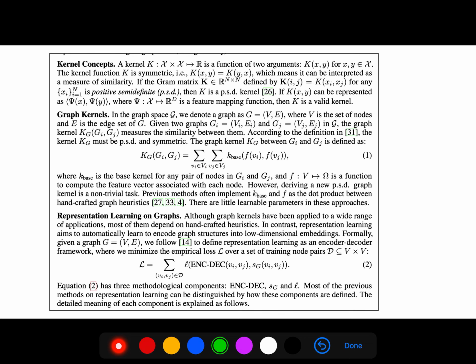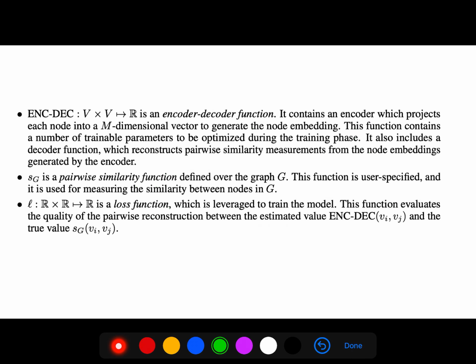You know the graph kernels between two graphs to see how similar they are. And for representation learning, this is just one of the approaches using an encoder-decoder framework that will create this loss. So the encoder-decoder function contains an encoder which projects each node into an m-dimensional vector to generate the node embedding.